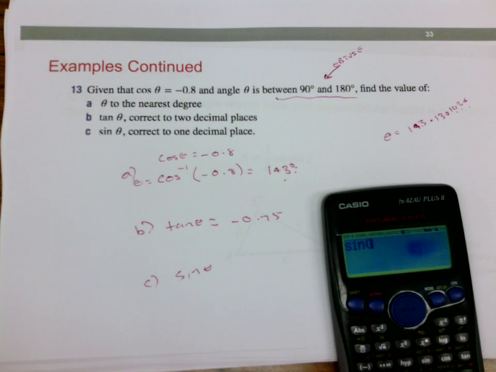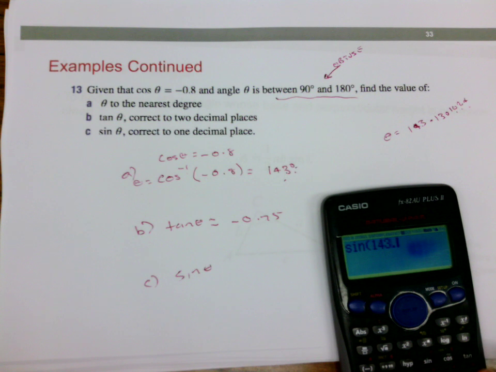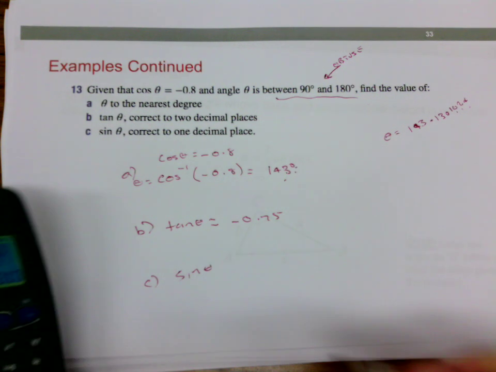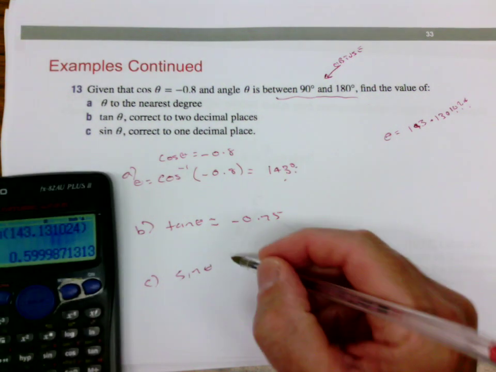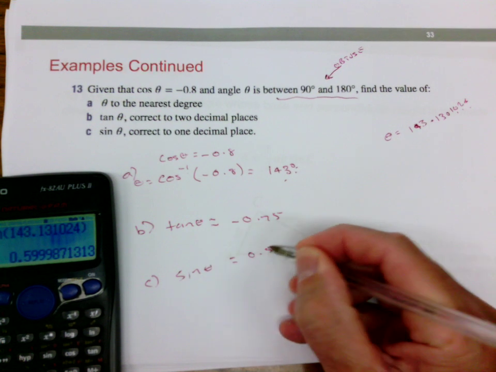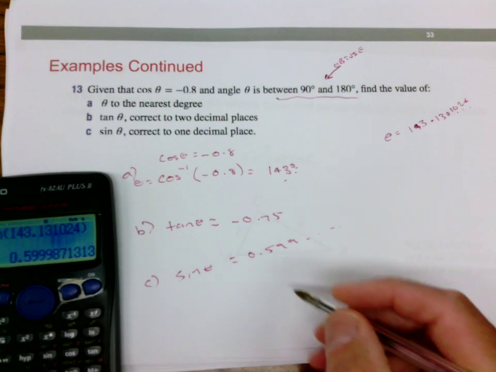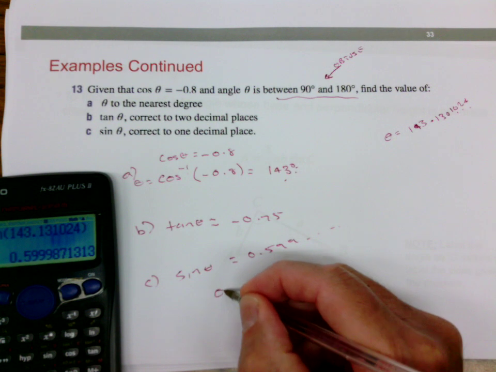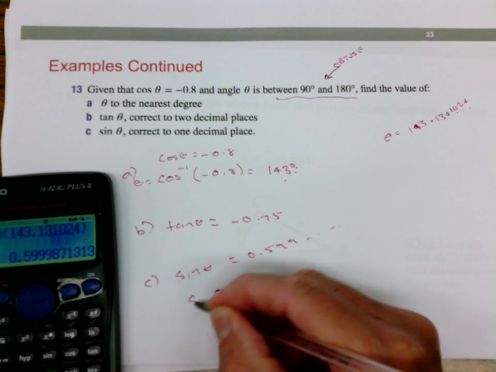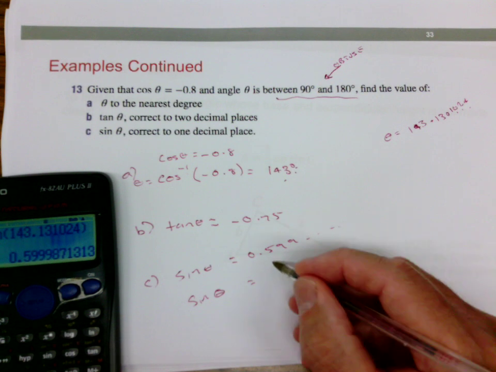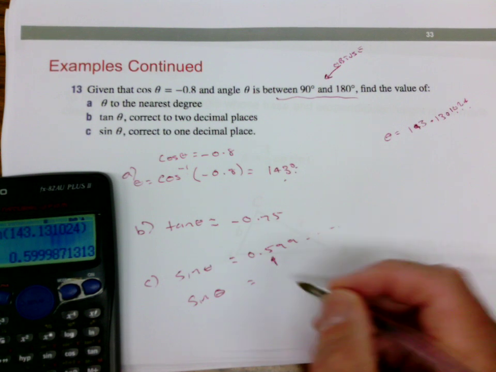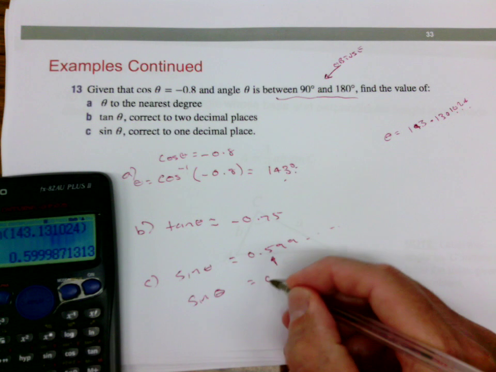So it's sine 143.131024, close that, equals, and we're going to 1 decimal place. Sine theta equals 0.599, there it is. If we're going to 1 decimal place, look to the right: 9 or more, that goes up. It becomes a 10, so that becomes 0.6.